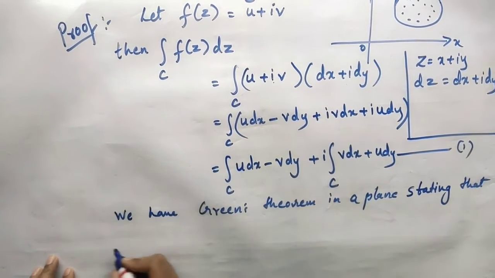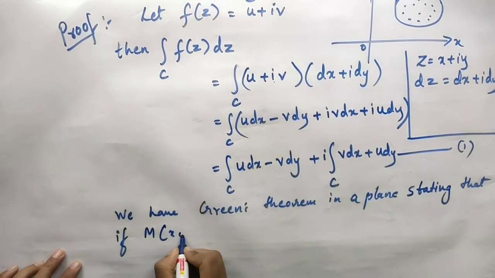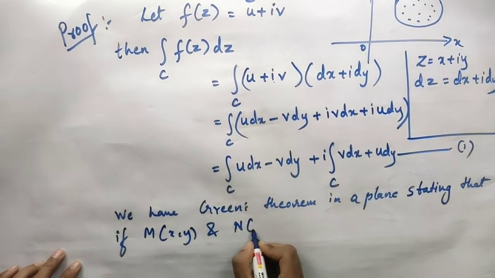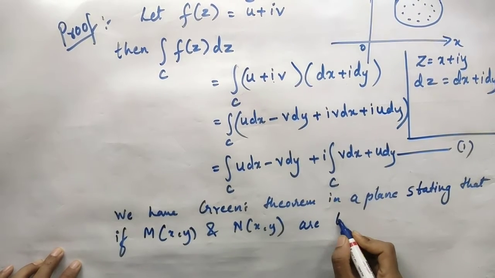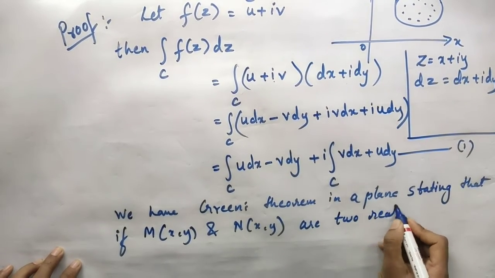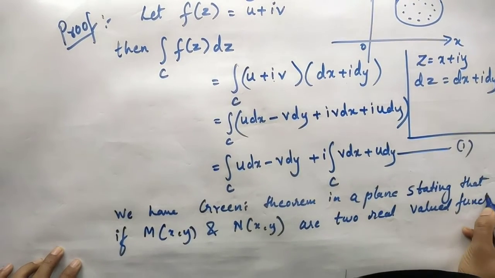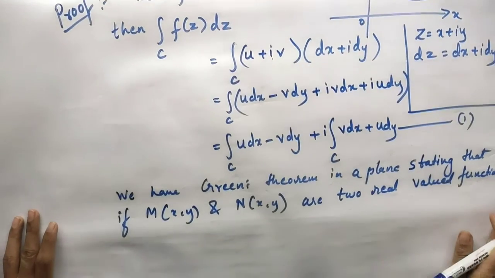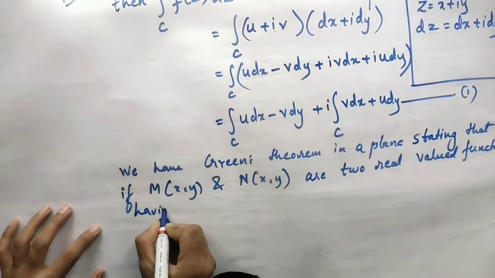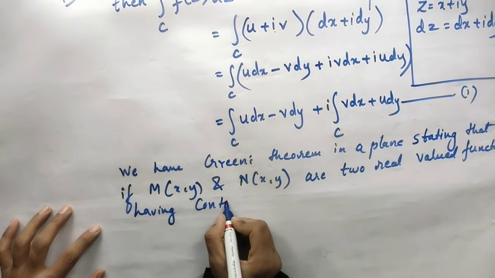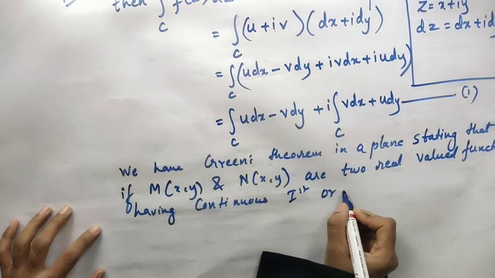that if M of xy and N of xy are two real valued functions having continuous first order derivatives.